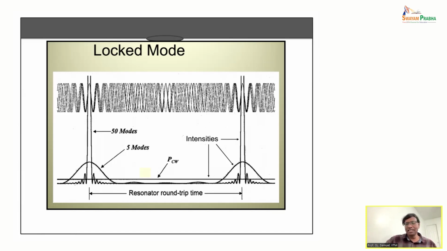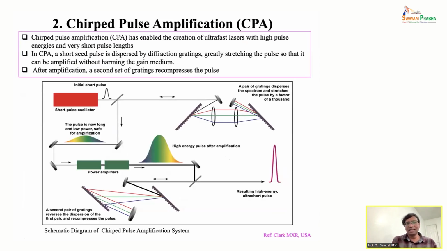Then there is a question again. If you want more energy and also short pulses, what do we do? In recent years a new technology has come. The people who are supplying the lasers for us, the Amplitude Systems and other laser suppliers, have given this mechanism, and they have told us that chirped pulse amplification is one of the technologies most people are using to produce ultrashort pulses.